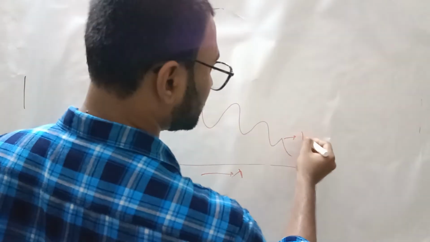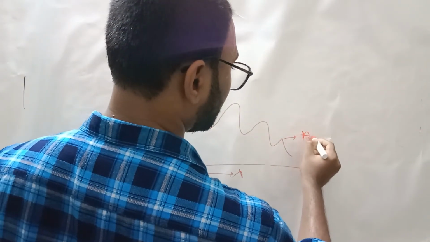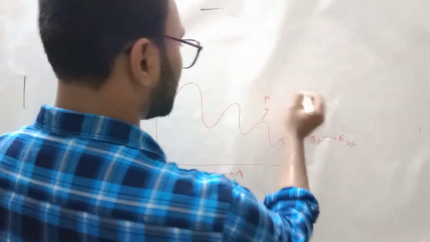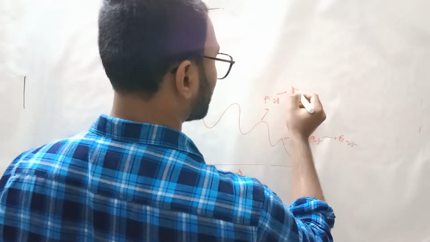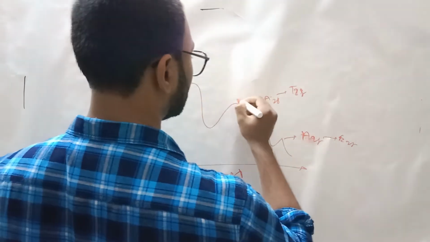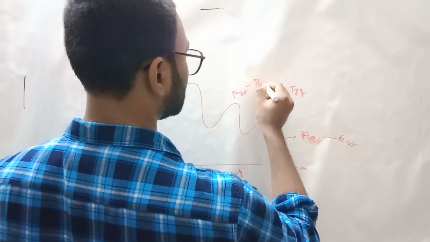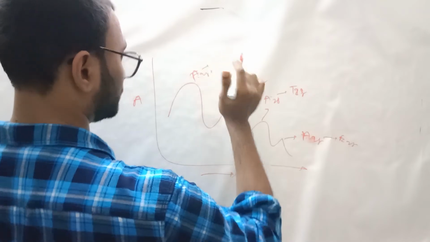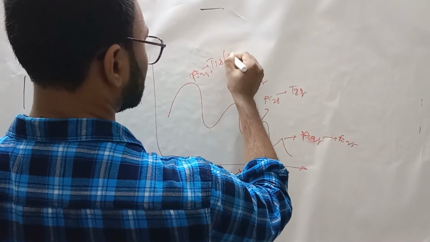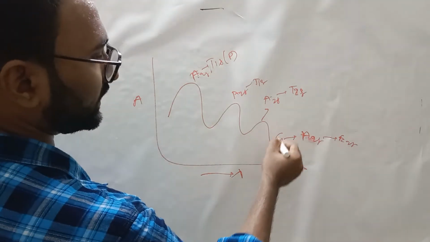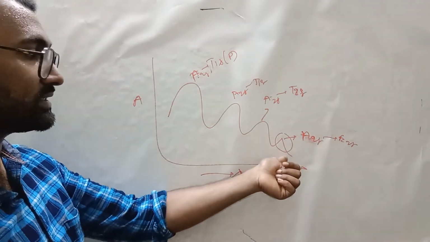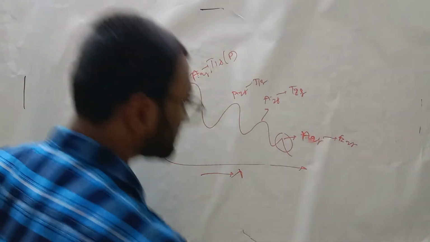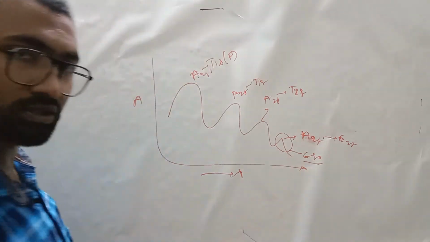So this is the A2g to E2g transition, and this one is A2g to T2g, A2g to T1g, and A2g to T1g, this is the P. Understood? So why is this sharp? Because there is no delta change and we get a sharp peak. This comes around 650 nanometer. Understood?